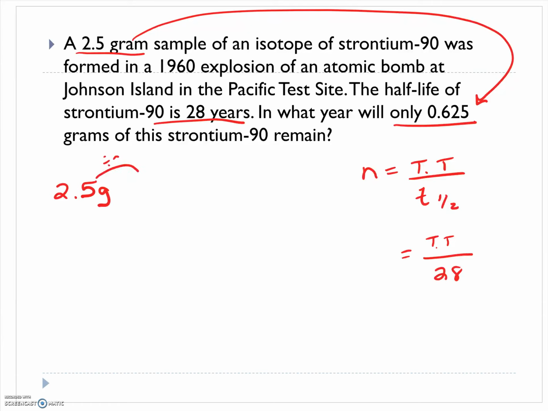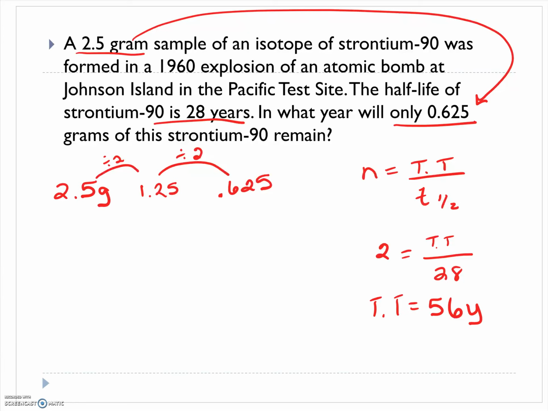So if I take 2.5 and divide it by 2, I get 1.25. Still haven't gotten to that 0.625. Divide it by 2 again. 0.625. Now we are there, so it took us 2 half-lives to get there. Okay? So in solving for the total time, 2 times 28 is going to be 56 years that this thing went through radioactive decay.